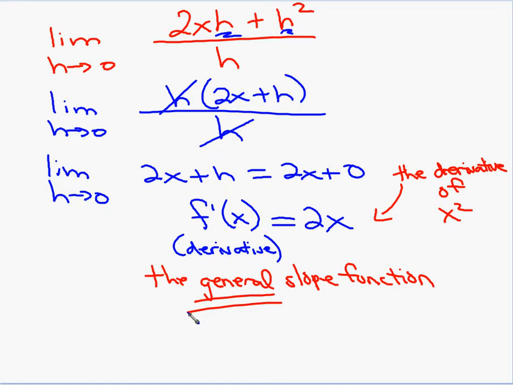The general slope function. This derivative, once we find the derivative, okay, and we now know that the derivative is 2x, it will allow me to calculate the slope of the tangent line anywhere to the function. Let me illustrate.